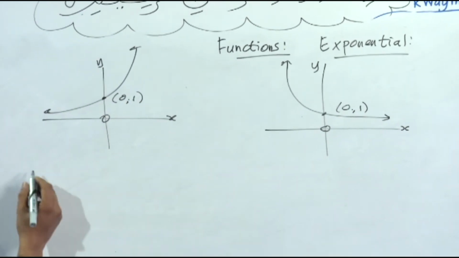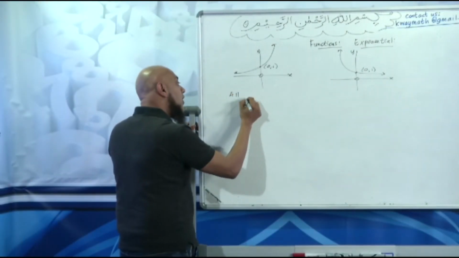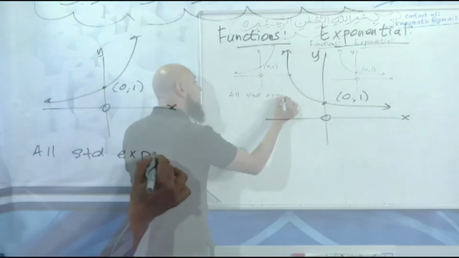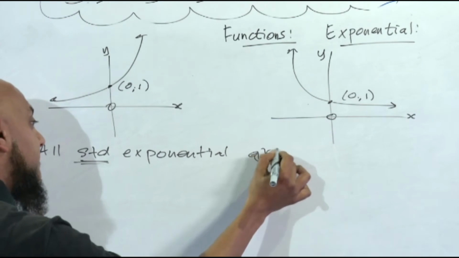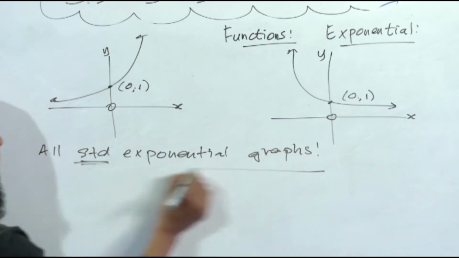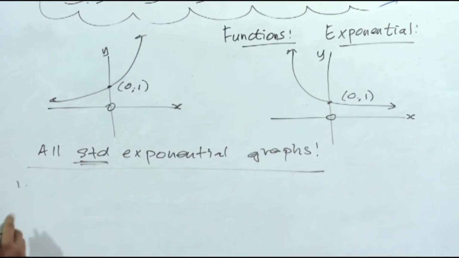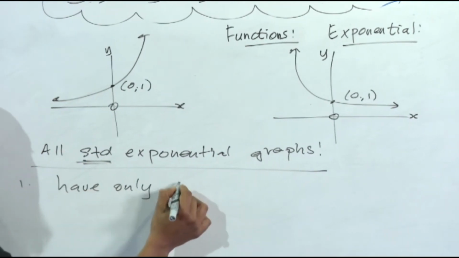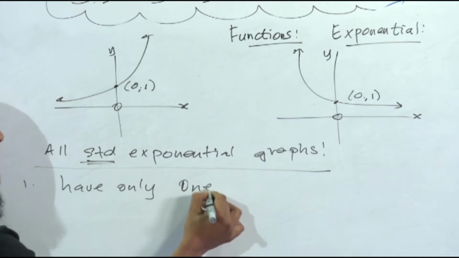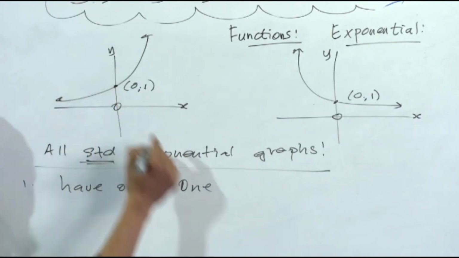So here is your theory. Now you can write this down. All standard exponential graphs. Number 1, what's similar between the two? Have only one x-intercept or y-intercept?